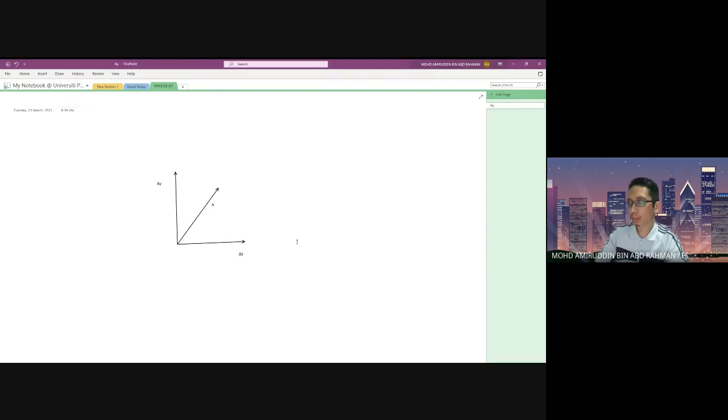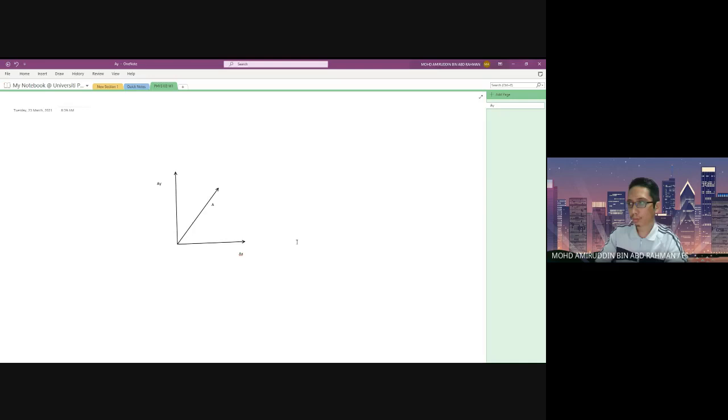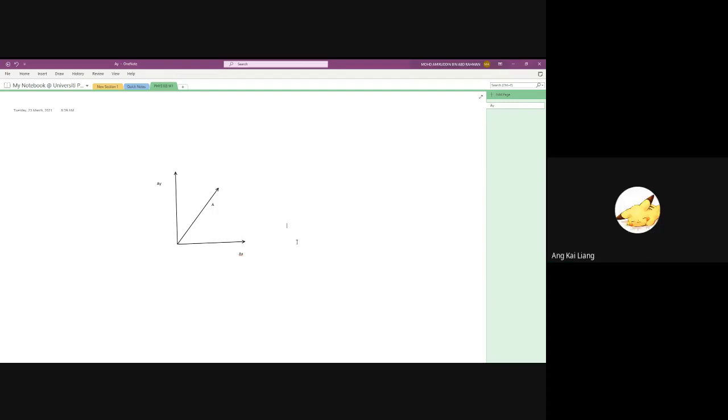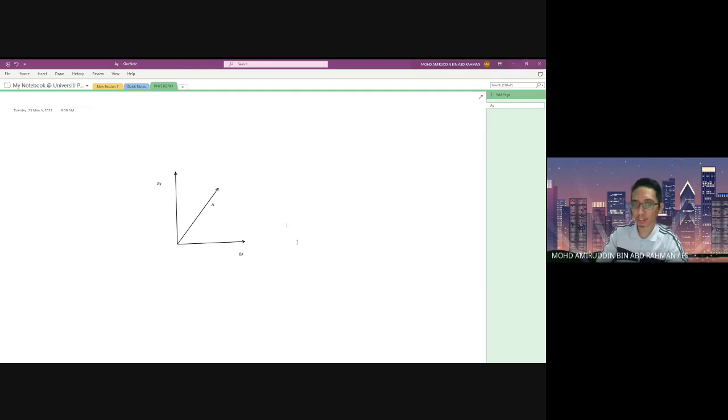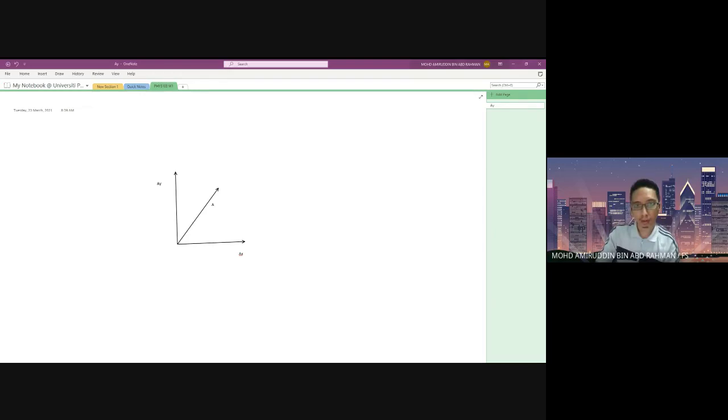So your AX is A cos 60. You remember the cosine formula: adjacent side over the hypotenuse. So AX is 1.4 cm.